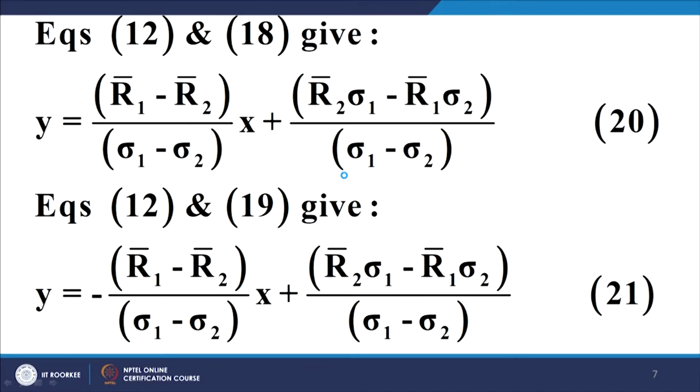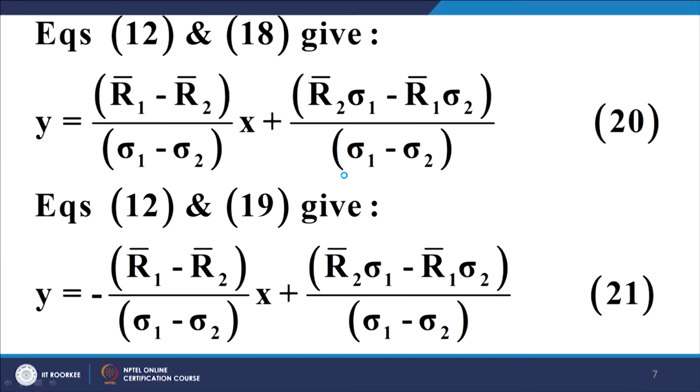Now, there are certain interesting features about these two equations. The first is that both of them are straight lines. You can easily see that they are first degree equations, and therefore they are straight lines. The second interesting feature is that the y intercept in both cases is the same. They intersect the y axis at the same point, which is given by (r2 sigma 1 minus r1 sigma 2) divided by (sigma 1 minus sigma 2).